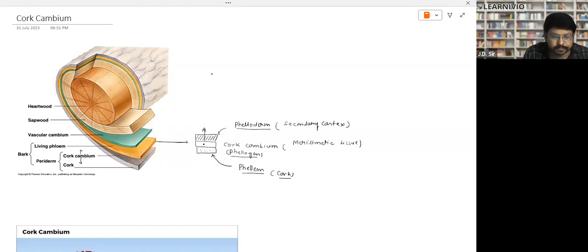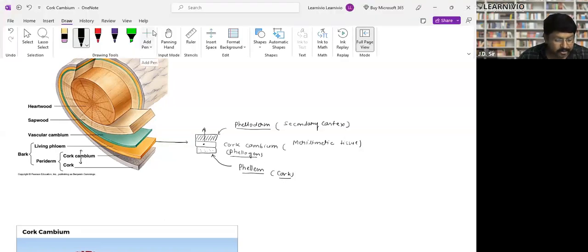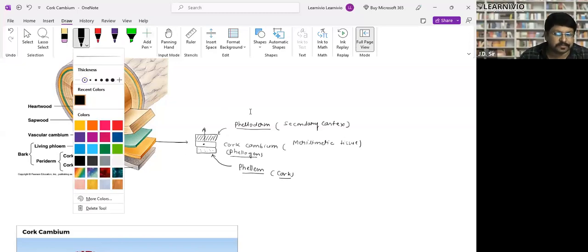It consists of dead and compactly arranged cells.